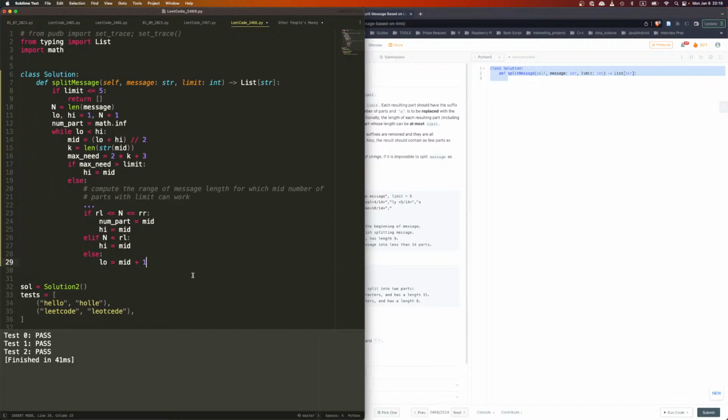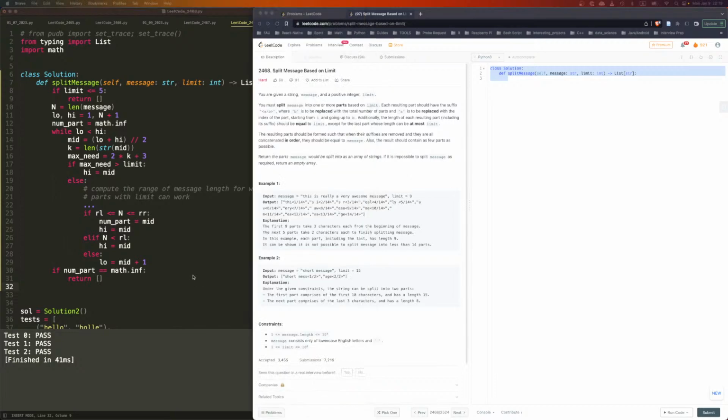Then at one point we'll come out, and when we come out, we say if num part is equal to math.inf, it means it's not possible, then we'll return this. Otherwise we'll return based on what num parts is, right?